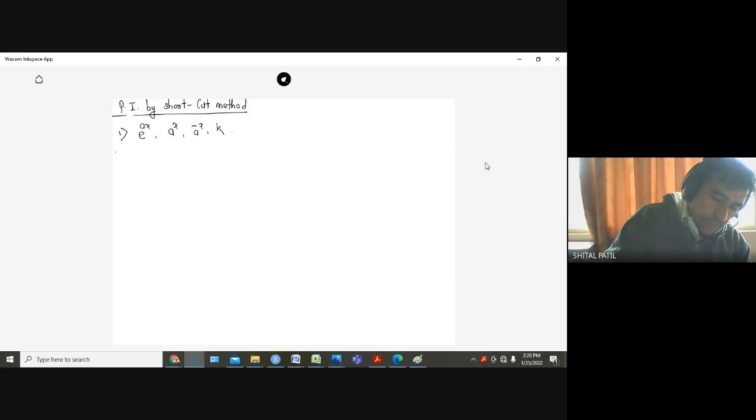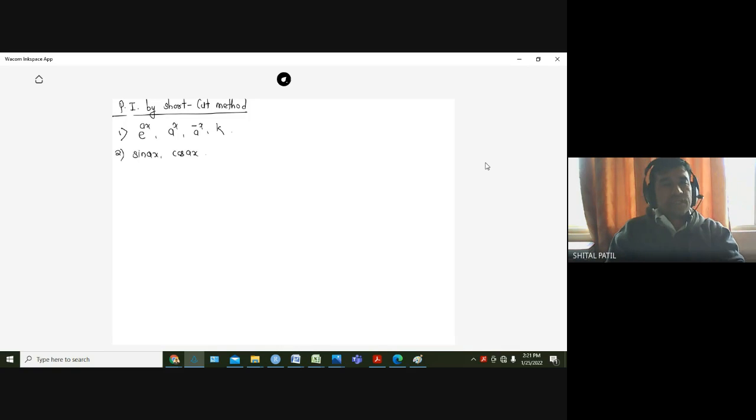Then we obtained formulas, and solved examples for sin x, cos x, then x raised to m polynomials. Then we solved examples on e raised to x into v, and then on x into v.